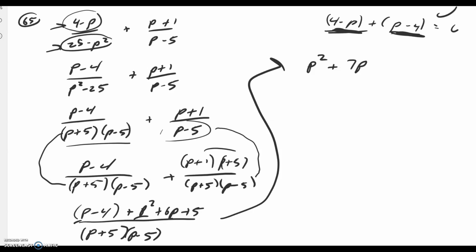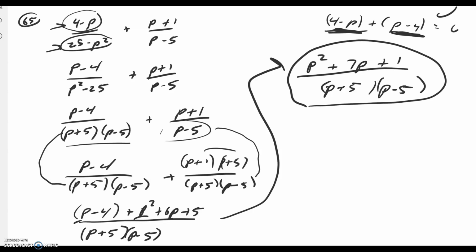So we have p squared plus 7p plus 1. And then on the bottom we have p plus 5 times p minus 5. We need to see if this reduces, but p squared plus 7p plus 1 is prime, because you need two numbers that multiply together to give 1 and add together to give 7, and that's really hard to do with numbers that we know about. So this thing's prime, and it doesn't factor, and therefore there's no canceling, and so this is the final answer.